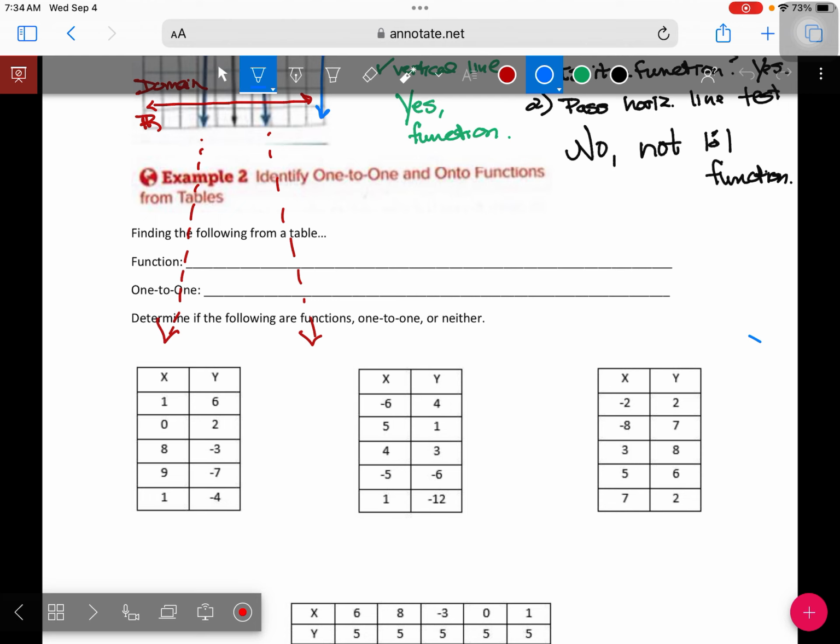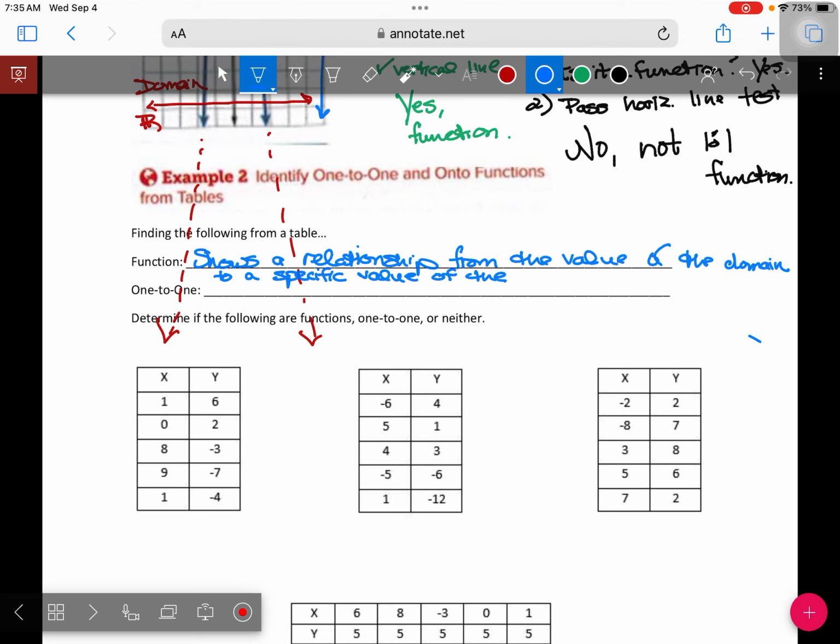There we go. A function shows a relationship from the value of the domain, domain, that's your x values again, to a specific value of the what?